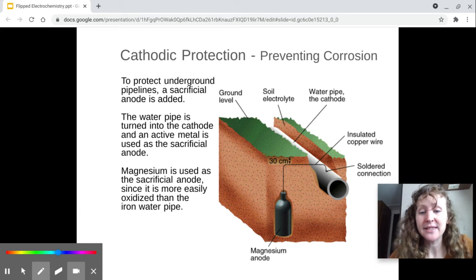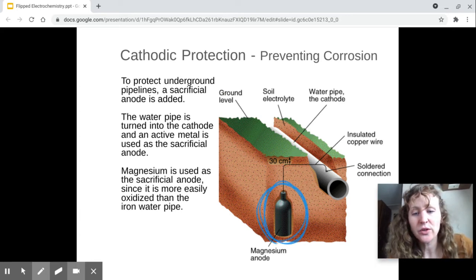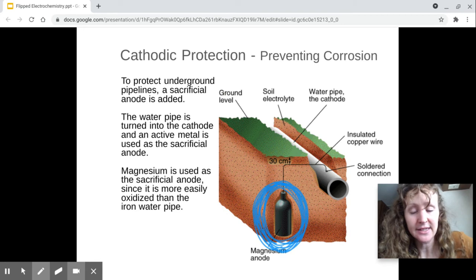But sometimes that other metal is just attached. Notice here that we have a whole piece of magnesium, and it's attached through a wire to a pipe.